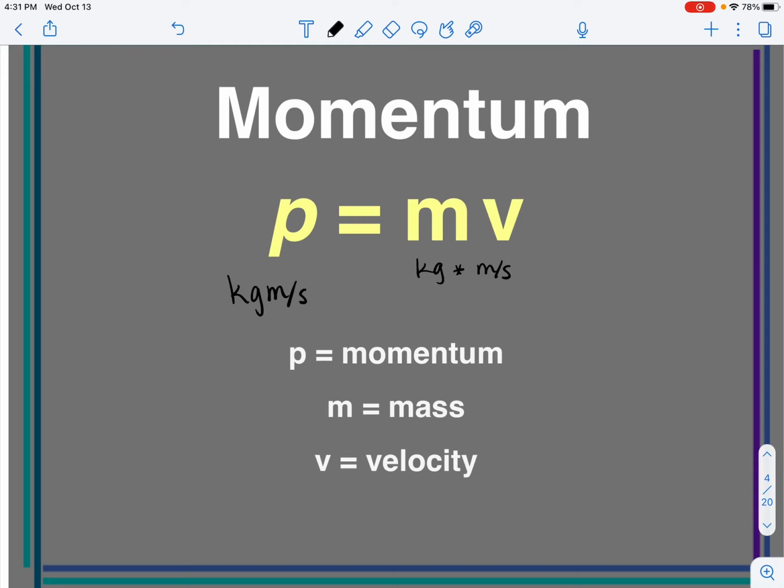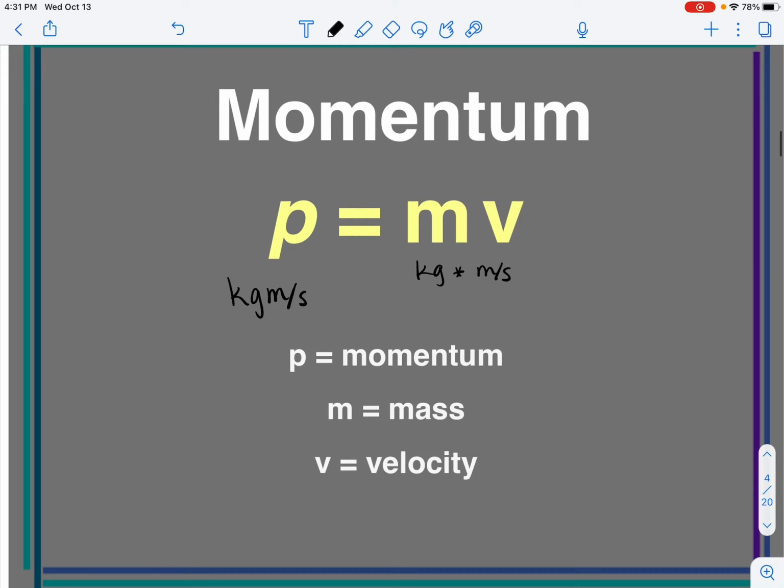If the velocities of those two objects are the same, the object with the greater mass is going to have the greater momentum. Think about it, if I multiply by a larger number, I get a larger answer. And because momentum is also equally placed according to the velocity, they're both in the numerator, when I compare momentum to velocity, they are also directly related.